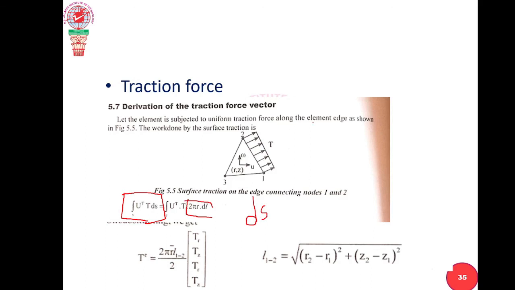Surface area. Now tell me, axisymmetry is a kind of circular body. Let me take a circular body like a cylinder. How to find the surface area?